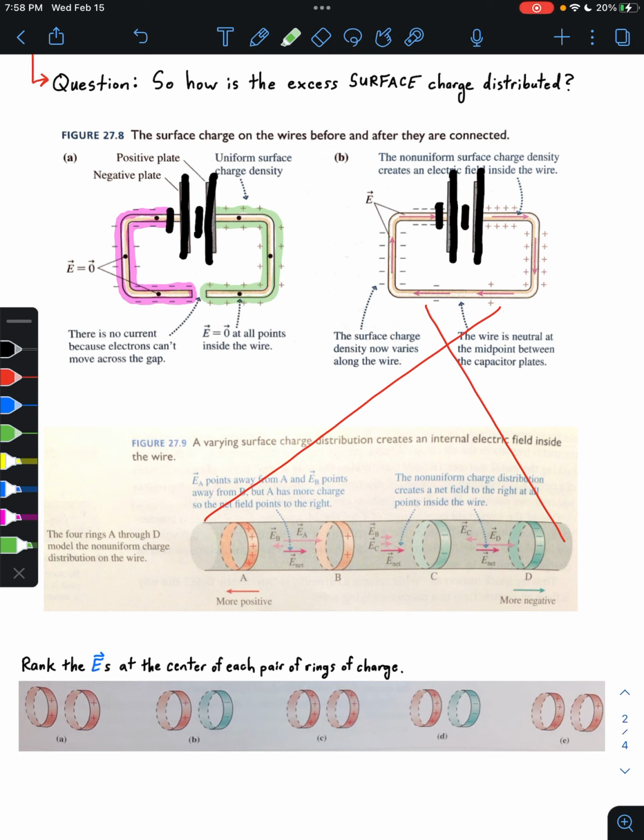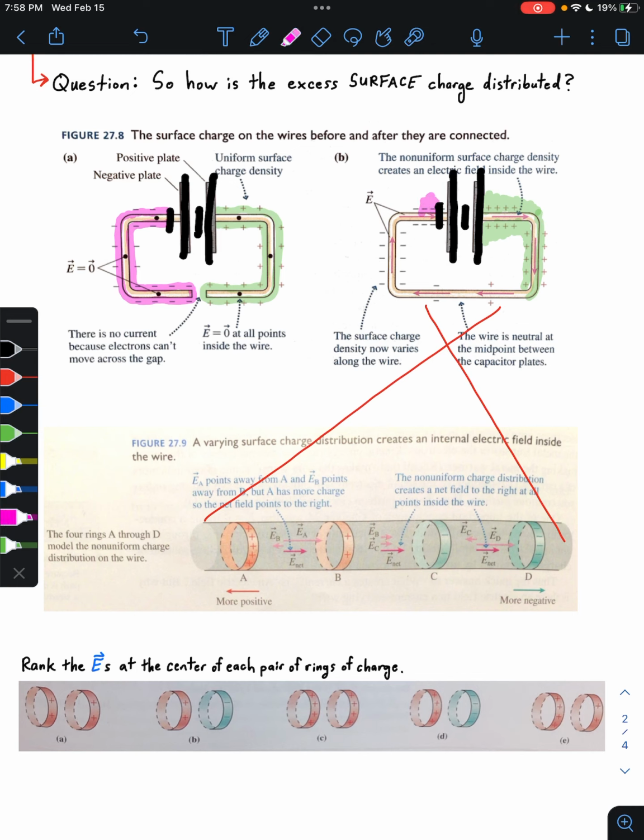We'll have a high concentration of excess positive charge here nearest the positive terminal, and then that layer of positive charge sort of diminishes as we move around this way. So a surface layer of charge concentrated nearest the positive terminal, then diminishing in strength until we get to about the midpoint of the wire, at which point the surface charge is decreased down to 0 and then transitions to becoming negative.